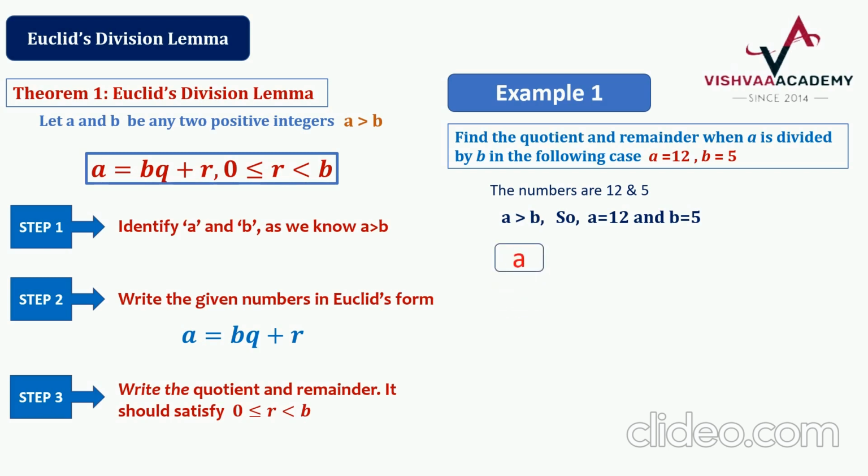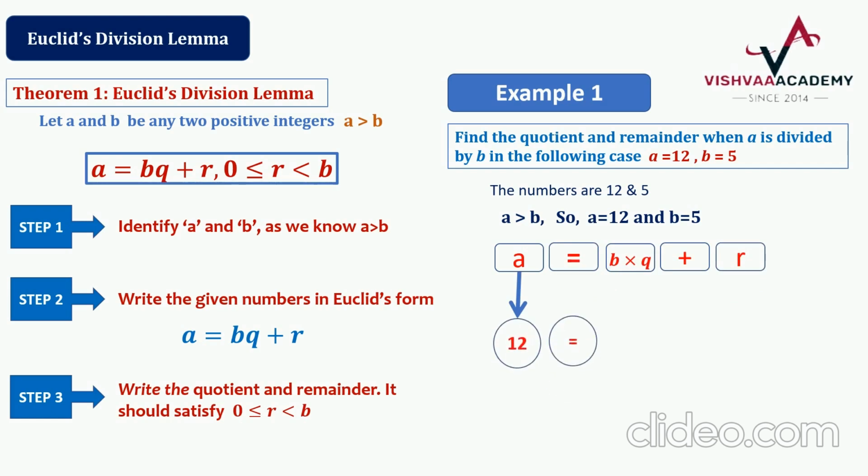Now I am going to write the numbers in the form of Euclid's division lemma. So a = bq + r. Now a = 12, so I am going to write 12 as b times q, that's the meaning actually.